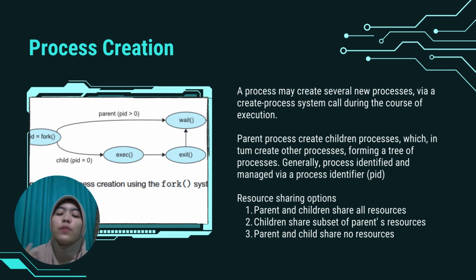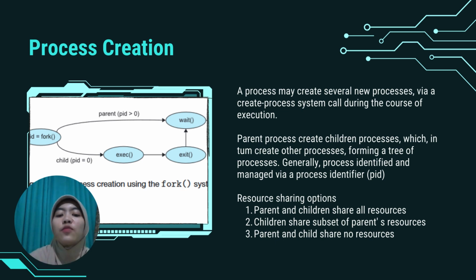Process creation is initiated by system calls. The fork system call is commonly used to create a new process. After creating a child process, a parent process may replace its memory space with a new program using a system call. The parent process typically waits for the child process to complete its execution before proceeding further. An example code in the C programming language demonstrates process creation, identification, and execution.